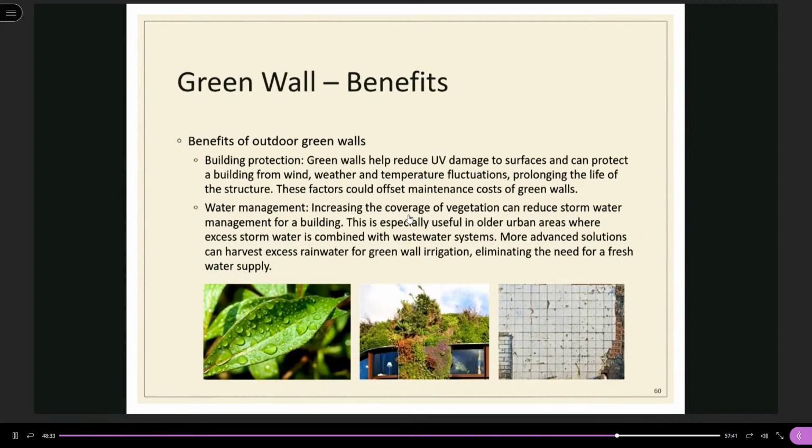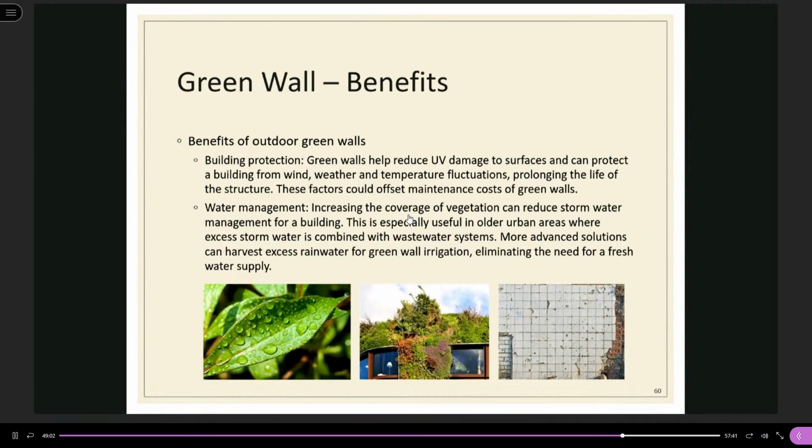So in the old urban district, all the water will be collected. So we collect the storm water, the rainwater, and also the wastewater in the same system. And then this wastewater needs to be treated, needs to be filtered. So if we can reduce the storm water, then the burden on these treatment plants will be reduced.